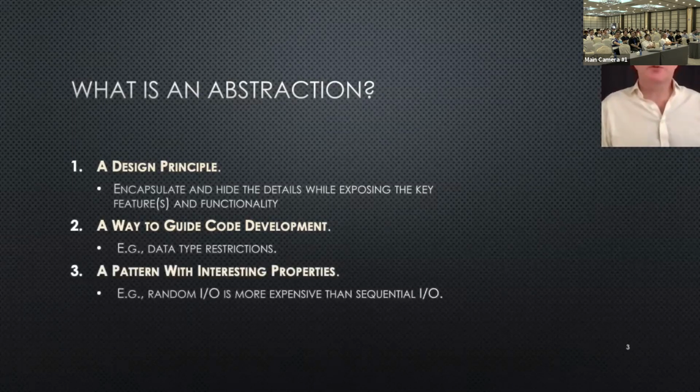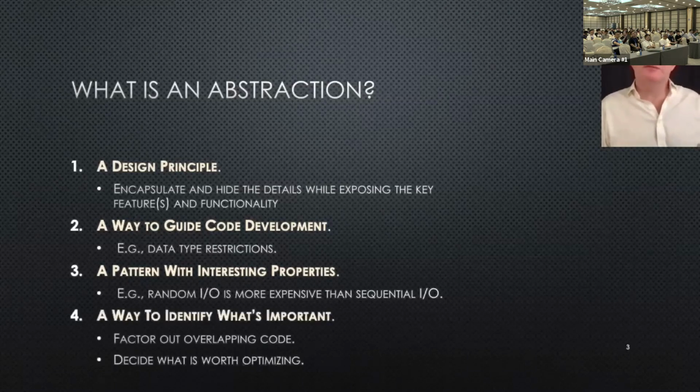Another use of the word abstraction would be just to simply distill interesting patterns from the data. So noticing, for example, that random IOs are more expensive than sequential IOs. Using that pattern, you would perhaps design your database management system to minimize random IOs. And a fourth use of the term abstraction is, for example, to figure out what's important.